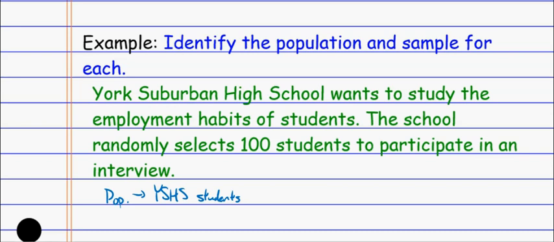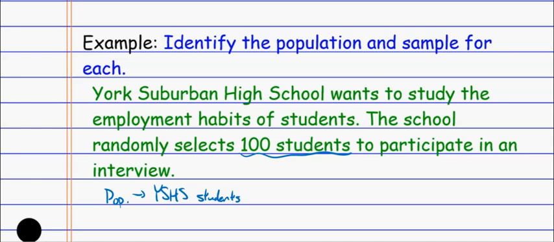Again, we could try sending out a survey to the entire group, but that might be difficult, and maybe we want more specific information than a survey is going to give us. So we want to conduct interviews, and it would be difficult to interview every high school student at York Suburban. So we've randomly selected 100 students to participate in interviews.